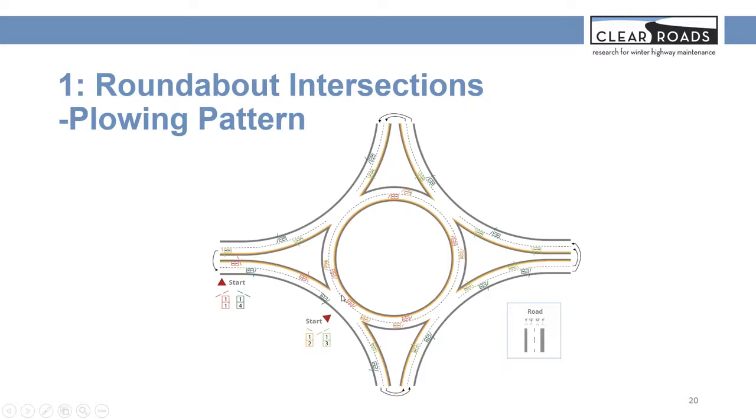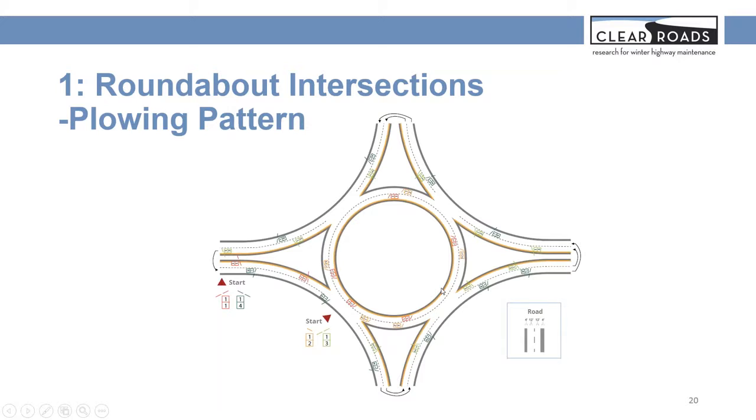When it reaches the entrance of the roundabout, the truck tucks in the wing and reverses the front plow, which used to push snow to the left. When it enters the roundabout, it only uses the front plow and pushes snow to the right.